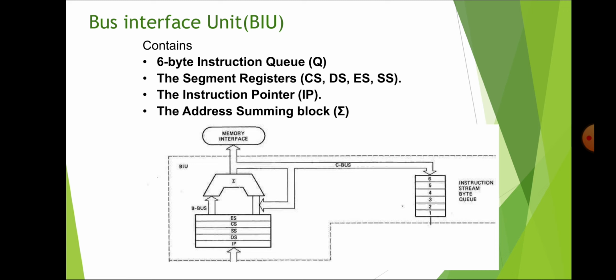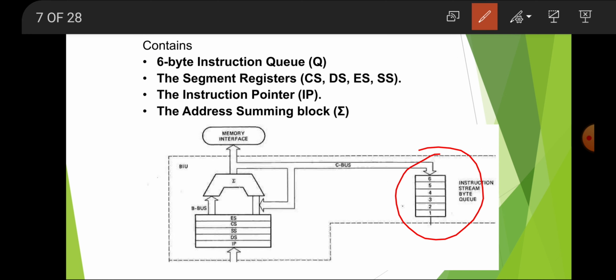Now the bus interface unit: you can see here the 6 byte instruction queue. What it does is fetch the instruction that is to be executed. The next instruction that should be executed is fetched and stored in these 6 bytes. You cannot say 6 instructions, it is 6 bytes of data.